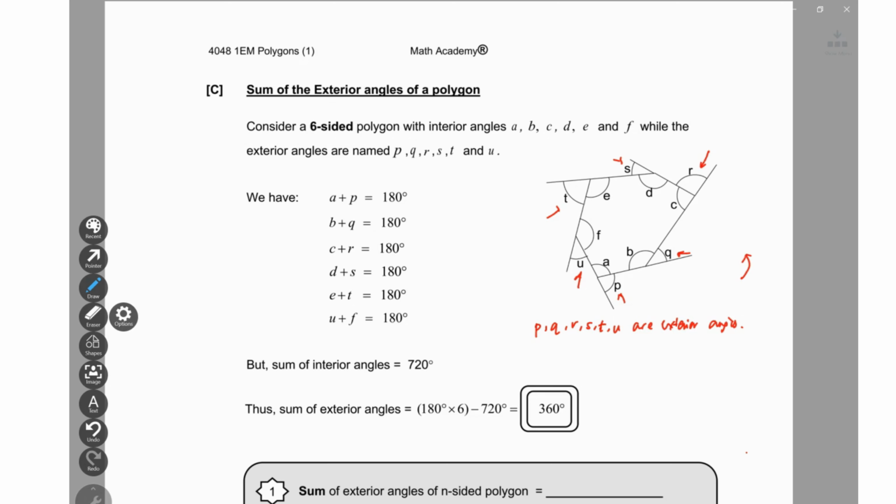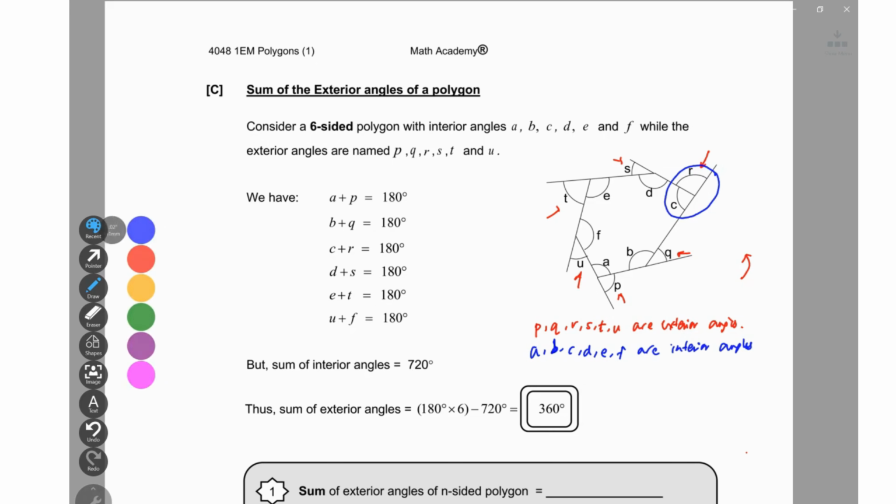It makes the inside A, B, C, D, E, F, and they are all interior angles, right? I'm zooming in to look at one of the pairs. It's a combination of an interior and an exterior angle, and you see that they lie on the same straight line.